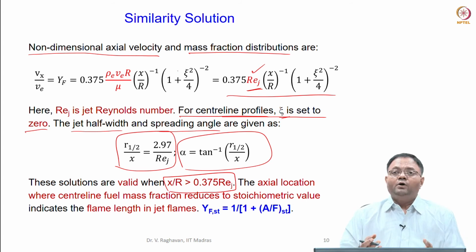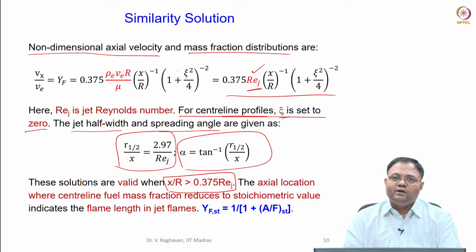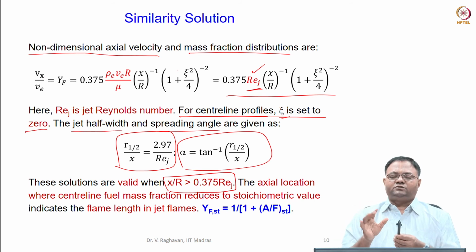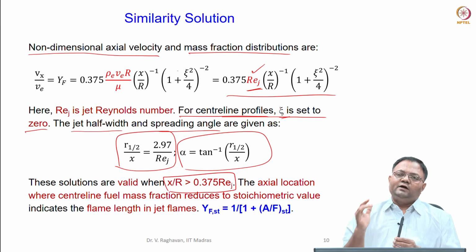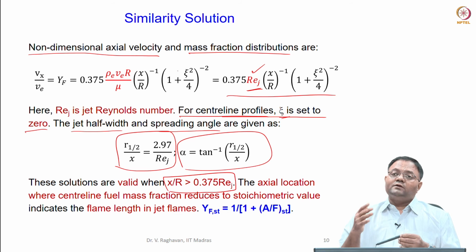Now, diffusion flames basically are transport controlled. We have already seen that chemical kinetics does not play a role, because chemical kinetics are very fast when compared to the time of diffusion. The radial molecular diffusion time is actually much slower and the chemical reaction is much faster.